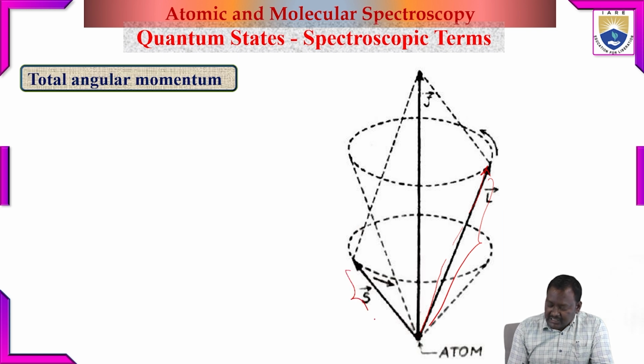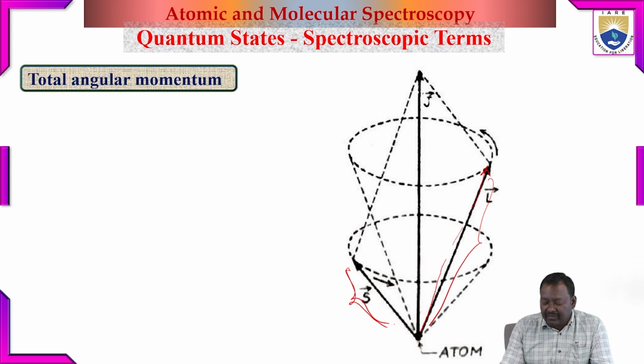And this is the spin momentum of the electron, in this direction, which represents the magnitude of the spin momentum. In general, spin momentum will be very small compared to the orbital angular momentum.